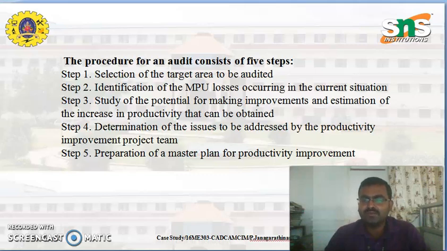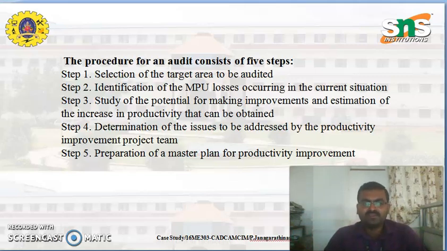Which area we have to audit. Second, identification of the MPU losses occurring in the current situation. Whenever losses occur, productivity is reduced in that particular area. Third, study the potential for making improvements and estimate the increase of productivity that can be obtained.